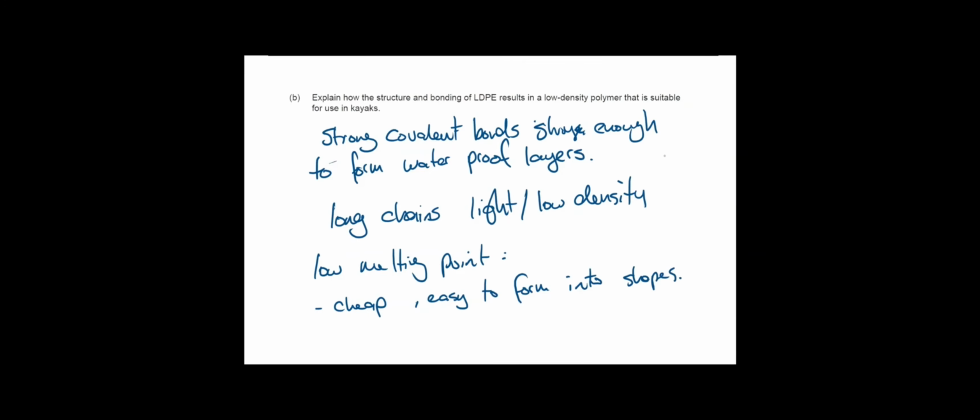So you would just need to heat the LDPE up, put it in the form, and when it cools down, it's going to keep that shape. So it forms easily into shapes when it's sort of semi-melted, but once it's set, it keeps that shape.